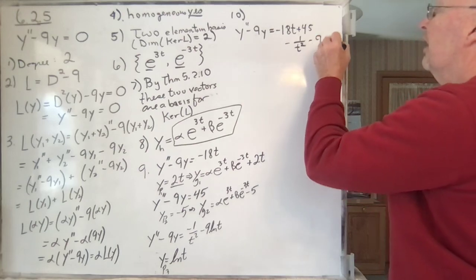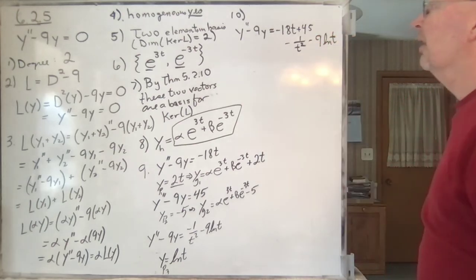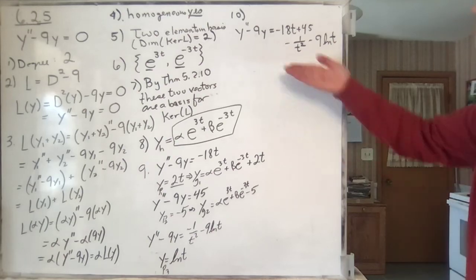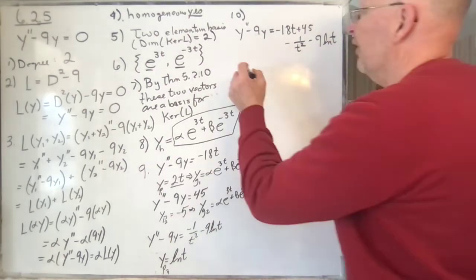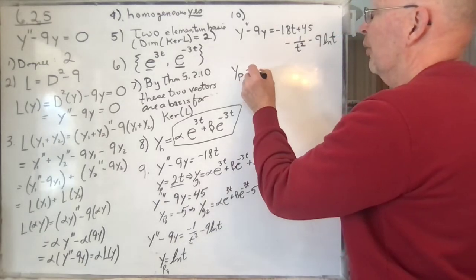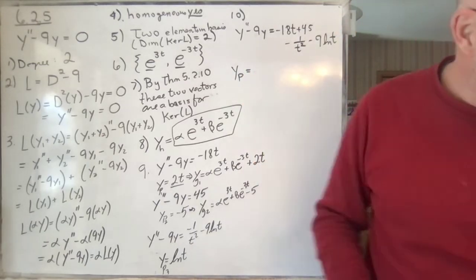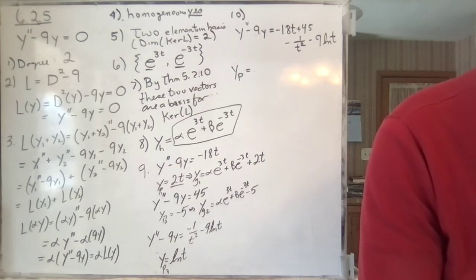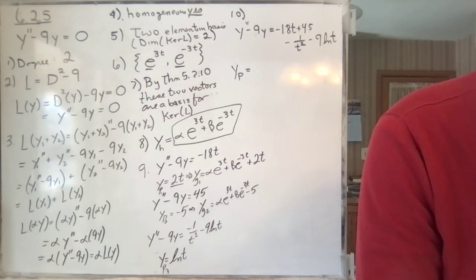I'm going to have to go down one row. Yes, minus 1 over t squared minus 9 ln of t. What is a particular solution to this? Let's just use y of p for this thing. Look back on the previous page, Theorem 6.2.4 is really helpful.